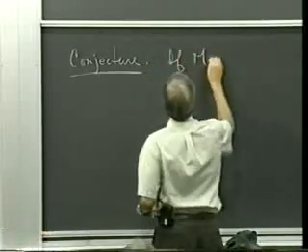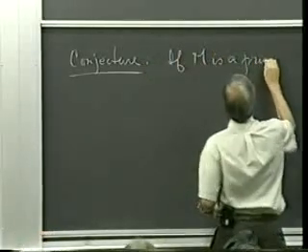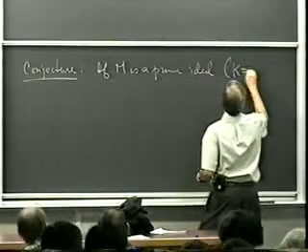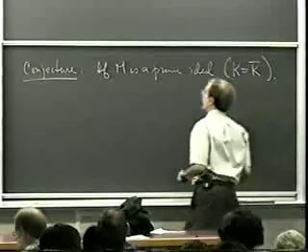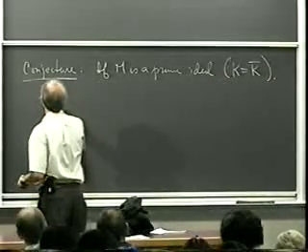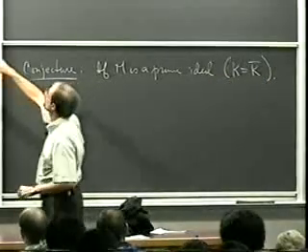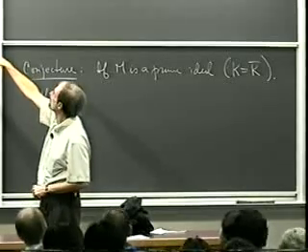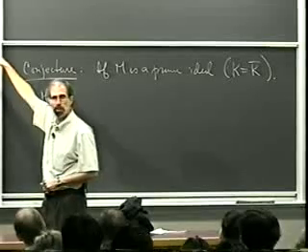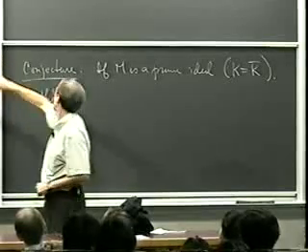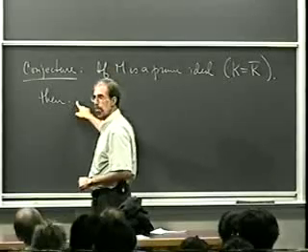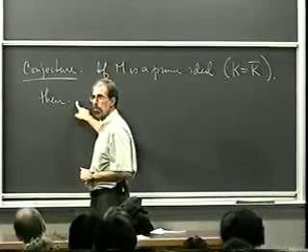If M is a prime ideal, and I guess I better assume K is algebraically closed, then that kind of principle still works. If M contains a regular sequence with degrees a_i, then the regularity of M is bounded by basically the sum of the a_i's.